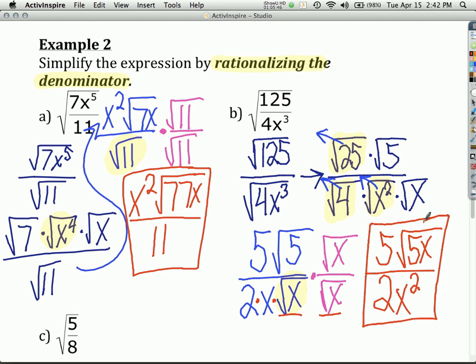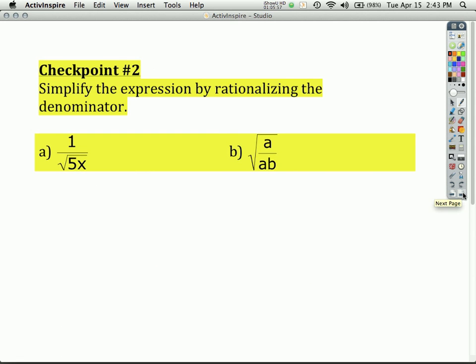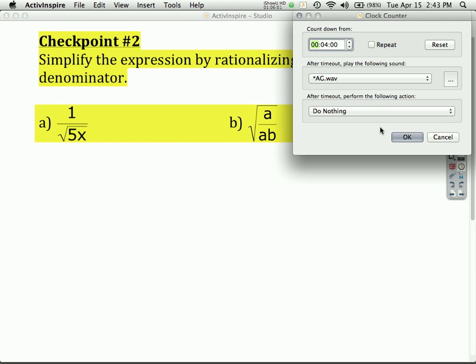That is definitely not easy, but you've seen 2 examples. Does anyone have any questions? All right, I had another example, but I'm going to skip over it. Let's see how you do on your own. Checkpoint number 2, got 2 questions. Got 3 minutes.